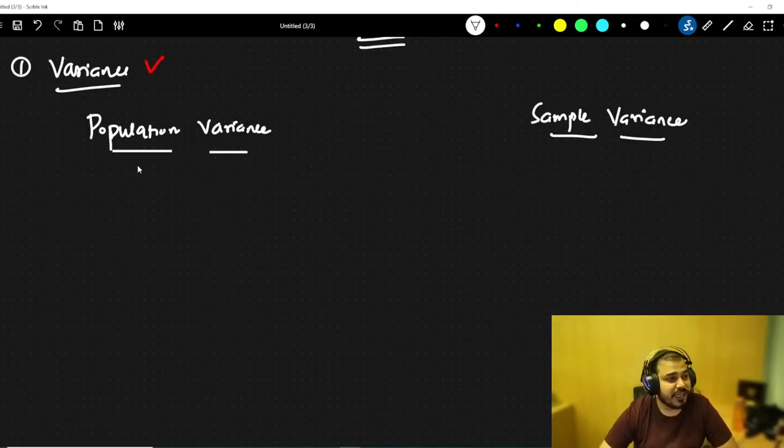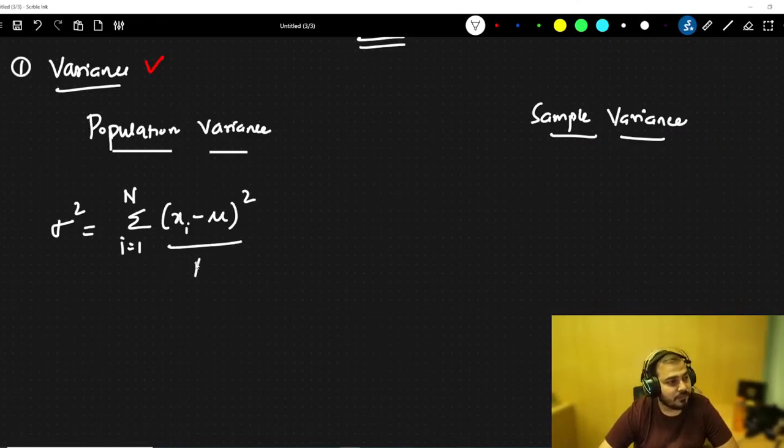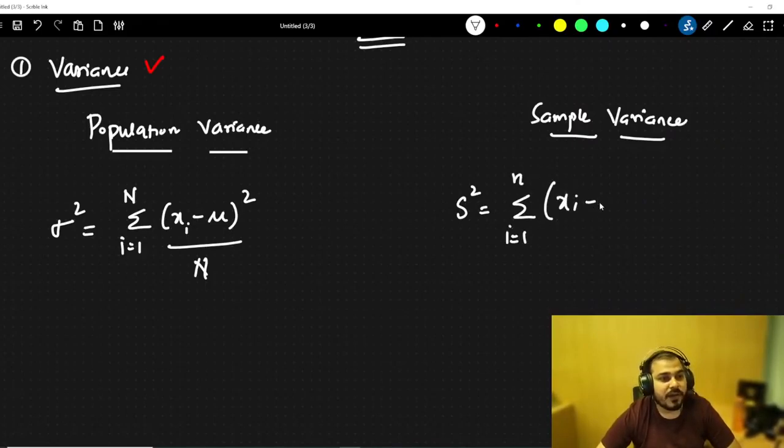Usually population variance is given by sigma square, which is the summation of i equal to 1 to capital N of (x of i minus mu) whole square, divided by N. Sample variance is given by small s square, the summation of i equal to 1 to small n of (x of i minus x bar) whole square, where x bar means the sample mean, divided by n minus 1.